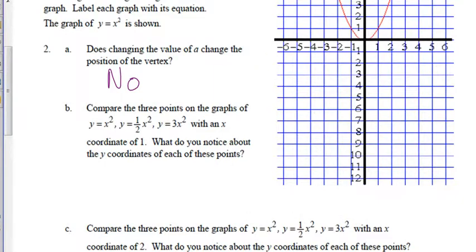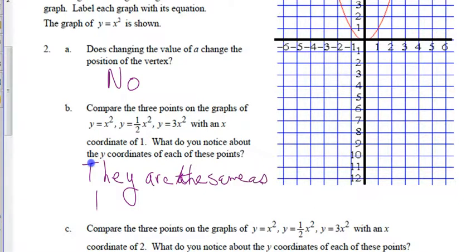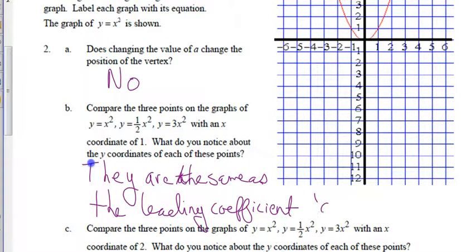What do you notice about the y coordinates of each of these points? They're the same as the coefficient, the leading coefficient, also known as A. Same as A.